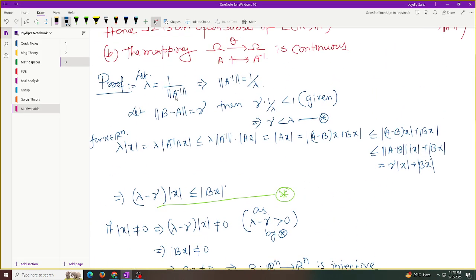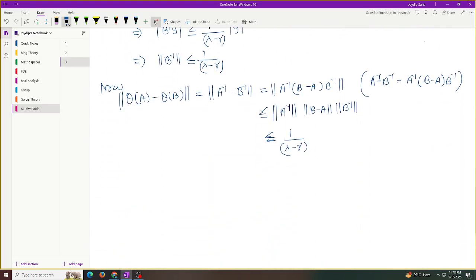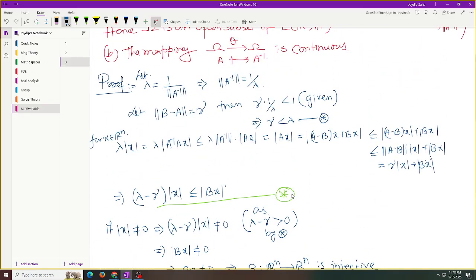And what is A inverse? It is 1 by lambda. So A inverse is 1 by lambda, and what is B minus A?